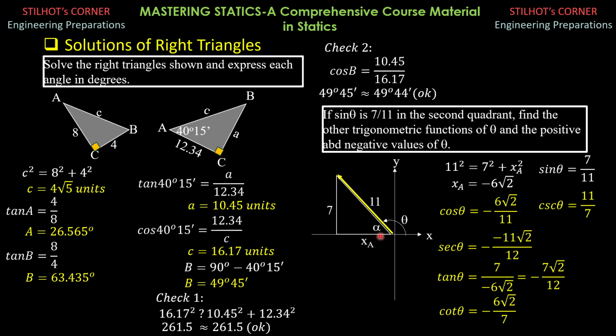Your calculator for sine function will not give you an obtuse angle automatically. That's the ambiguous case of the law of sines. So again, your calculator will not give you an obtuse angle automatically. It will only give you an acute angle like this one.